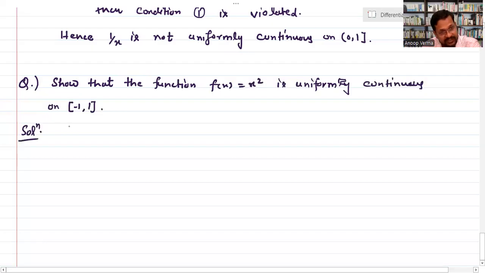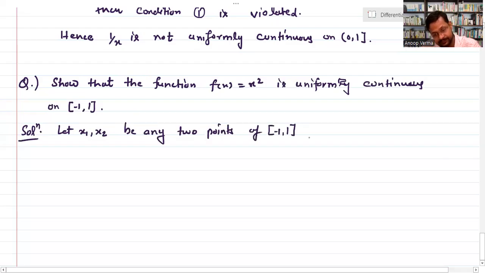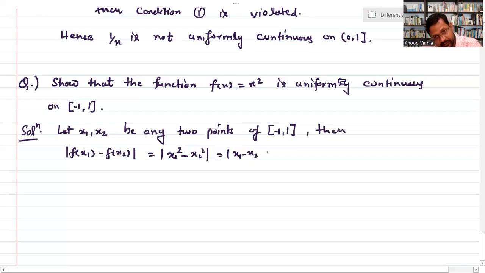So let x1, x2 be any 2 points of -1, 1. Then let us take the value of the function at these points. This is f of x1 minus f of x2, and you can have this is x1 square minus x2 square, and from there you will get mod of x1 minus x2 and mod of x1 plus x2.